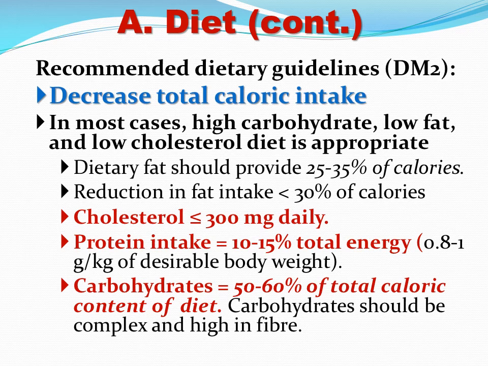Protein intake should provide 10 to 15% of total energy. Carbohydrates should provide 50 to 60% of total calories, and the carbohydrates should be complex and high in fiber. Also, you should reduce fat intake to less than 30% of calories. Cholesterol level should be less than or equal to 300 milligrams daily.